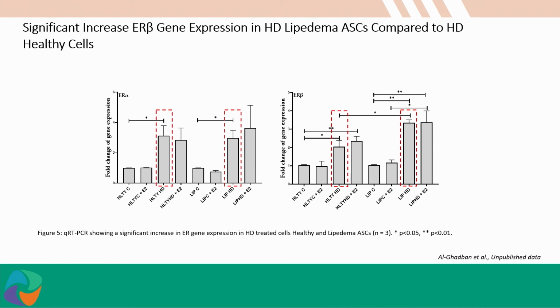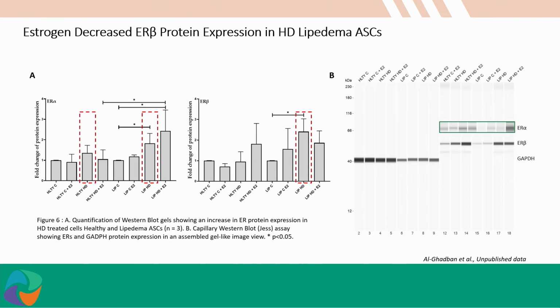What's interesting is when we treated them with E2, there was no effect on estrogen receptors. This is at the transcription level, and when we look at the same estrogen receptors at the protein level, we get the same data. Estrogen receptors are increased in hormone-depleted media. But when we treated with E2, we saw a decrease in ER beta expression in lipedema. So that means there is a potential treatment here for lipedema cells.